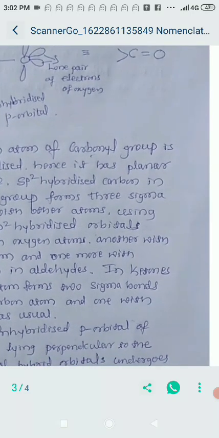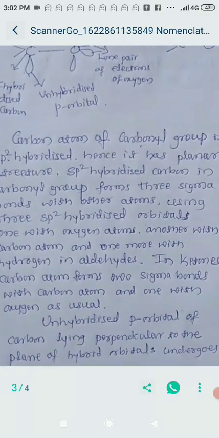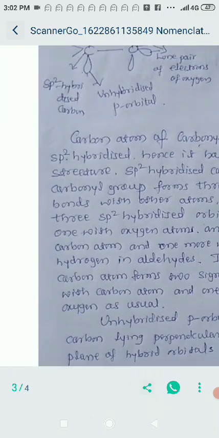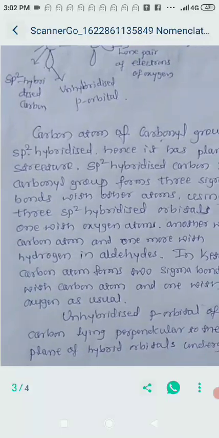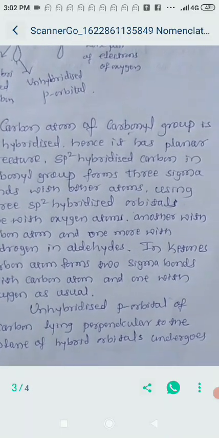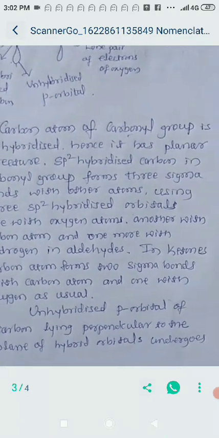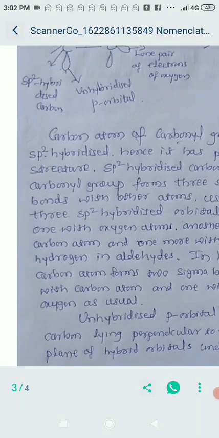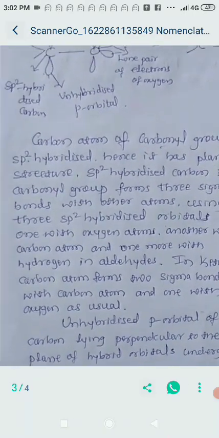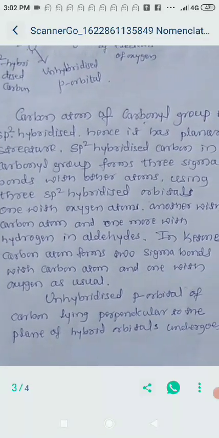The carbon atom of the carbonyl group is sp2 hybridized, hence it has a planar structure. The sp2 hybridized carbon in the carbonyl group forms 3 sigma bonds with other atoms using 3 sp2 hybridized orbitals, one with oxygen atom, another with carbon atom, and one more with hydrogen in aldehyde.